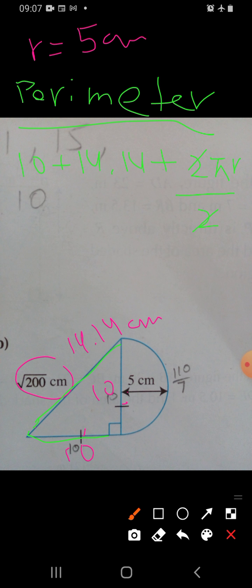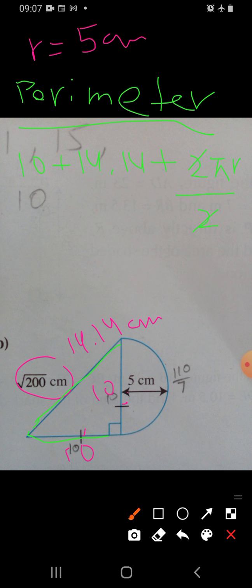Now 10 plus 14.14 is 24.14, plus this value. Here the value of pi is 3.14, times 2, and r is 5, divided by 2.